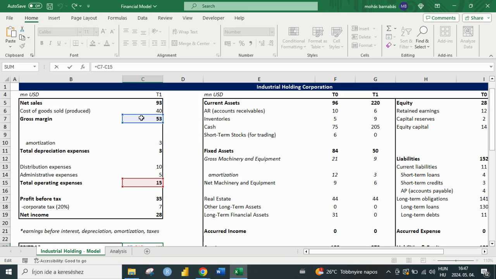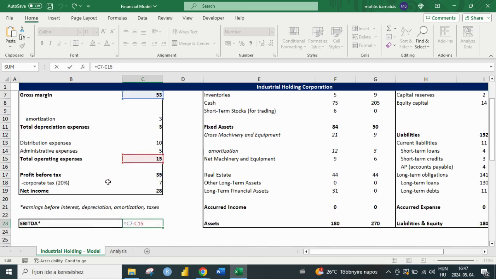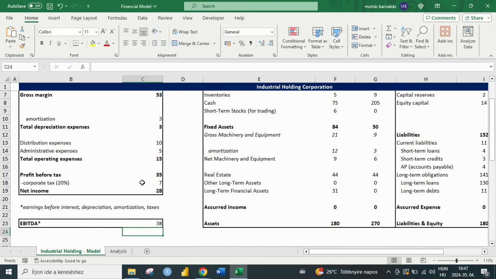In this case, we have the net sales minus cost of goods sold, which is the gross margin, and the total operating expense is subtracted from that. And then you can see that after that part, the corporate tax and the interest actually come. So we get an EBITDA that is the result of the company before subtracting the mentioned four items.